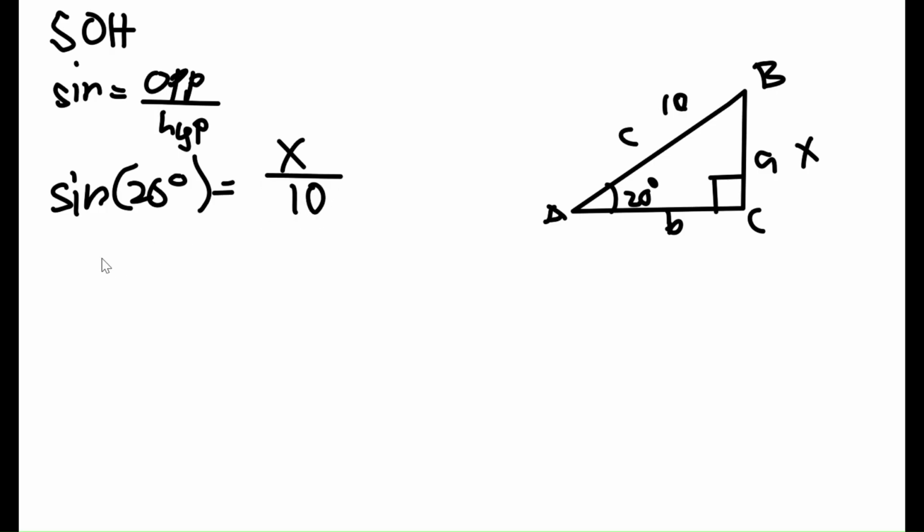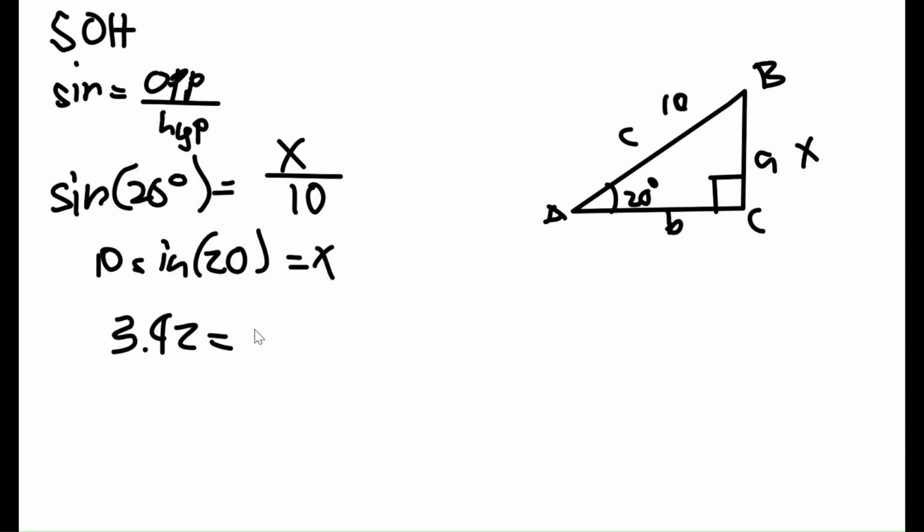You cross multiply, so this becomes 10 sine 20 is equal to x. Put this in your calculator, 10 sine 20, and you should have 3.42. That will be your x, or your side A.